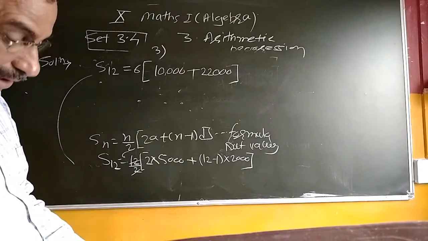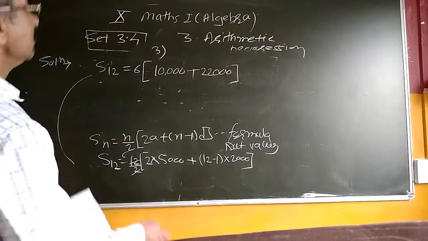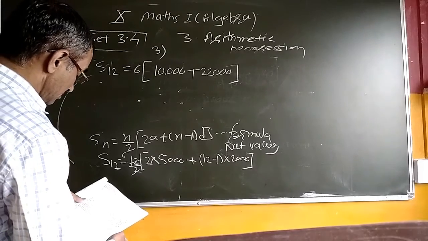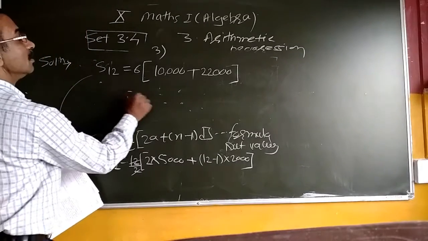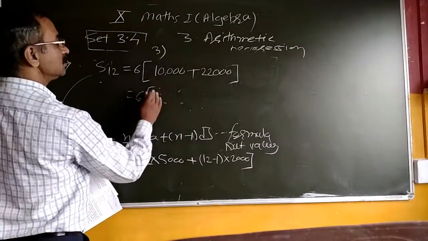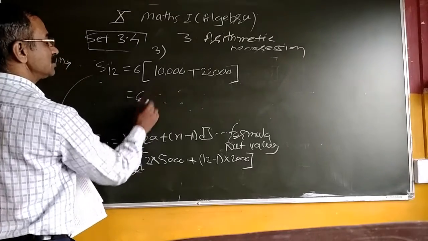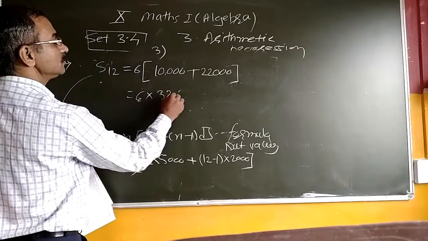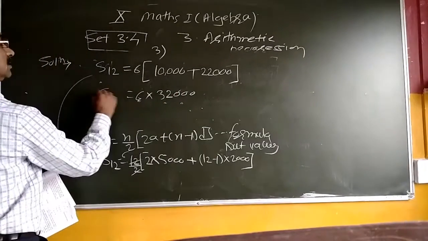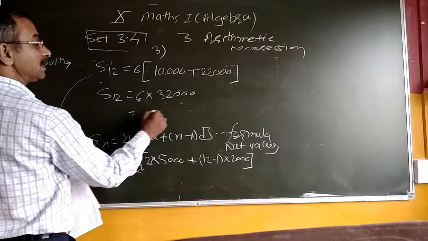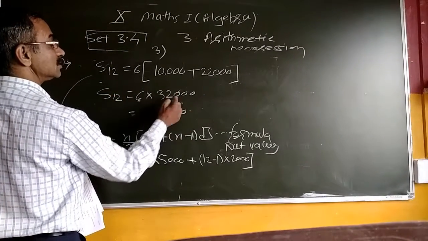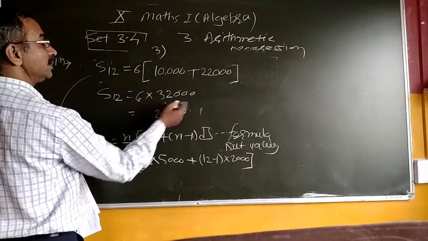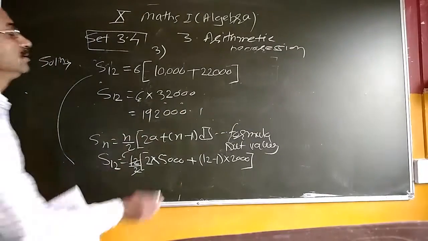So the total is 10,000 plus 22,000, that is 32,000. Then multiplying, 6 times 32,000 gives 1,92,000.